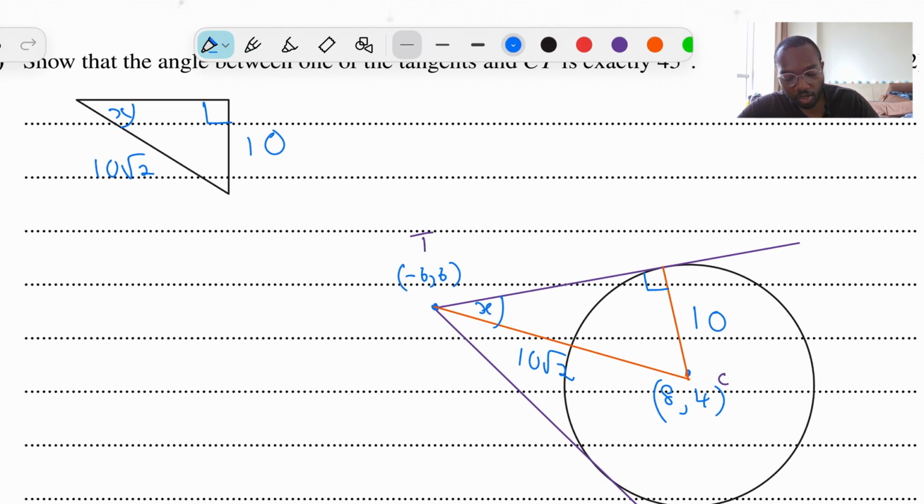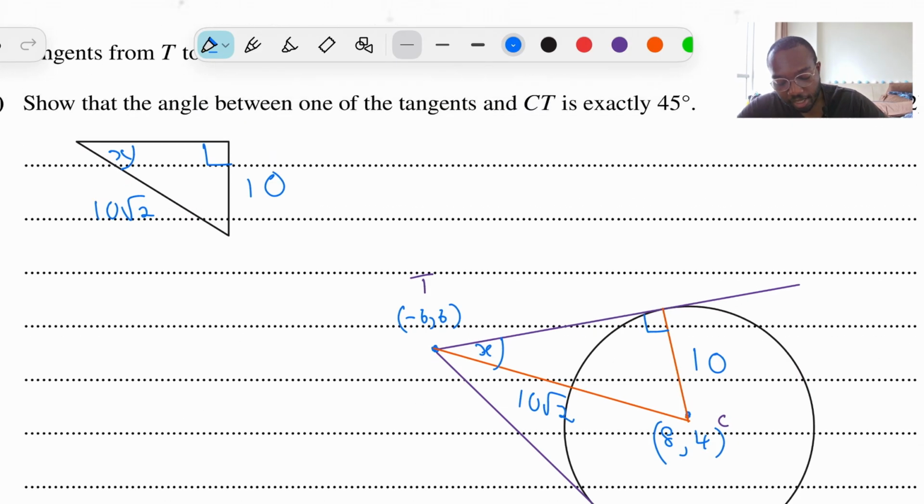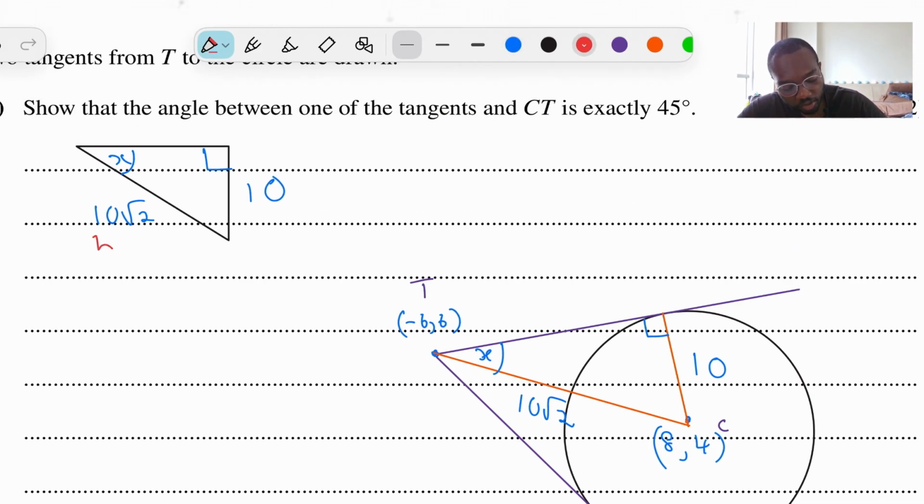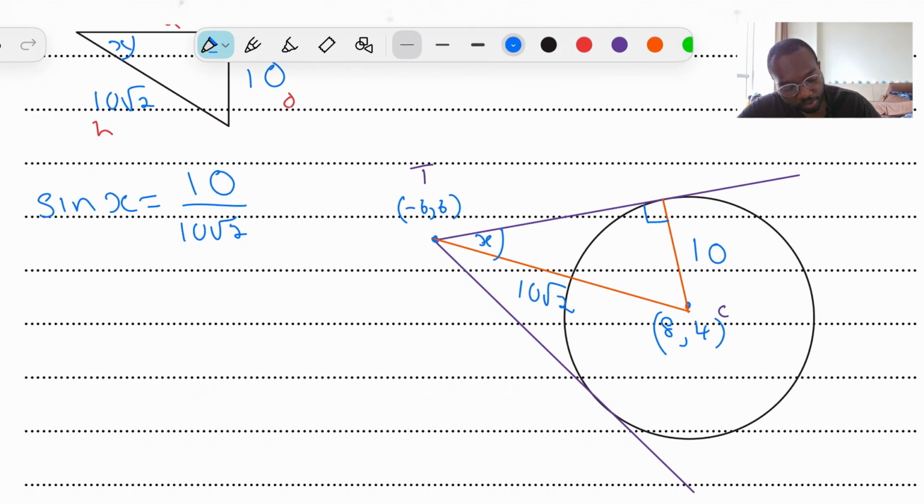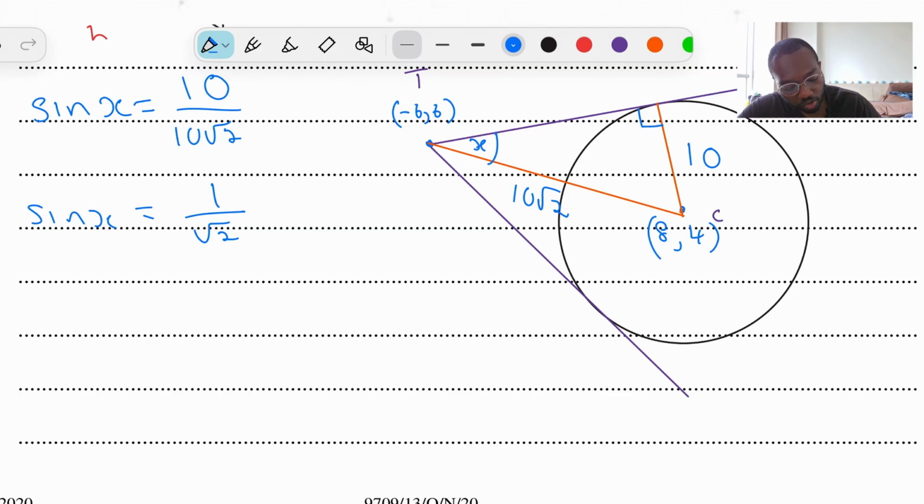Therefore, we can just use SOHCAHTOA to work that out. This would be the hypotenuse, this is the opposite, this is the adjacent. Therefore, it would be sine of x equal to opposite over hypotenuse, which is 10 over 10 root 2. So sine x equals, the 10s cancel out, so we're left with 1 over root 2. And through your trigs, you should know that the inverse sine of 1 over root 2 is simply 45 degrees.